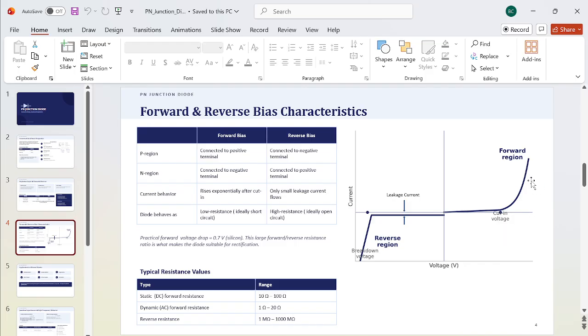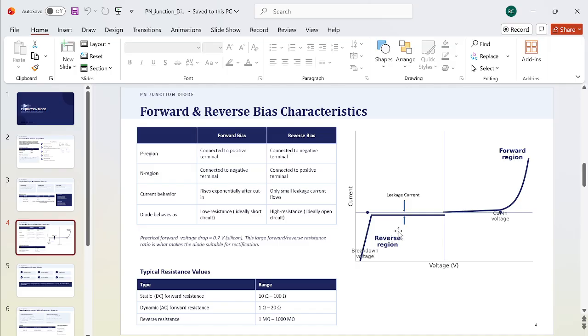Here you can see that the current is exponentially increasing because of the carrier multiplication. So you can see that current is rapidly increasing. So when the diode is conducting under forward bias, then the voltage drop across it will be around 0.7 volt for silicon devices and 0.3 volt for germanium devices.